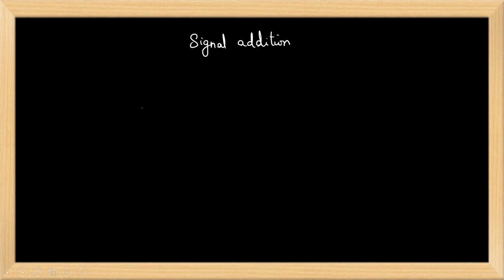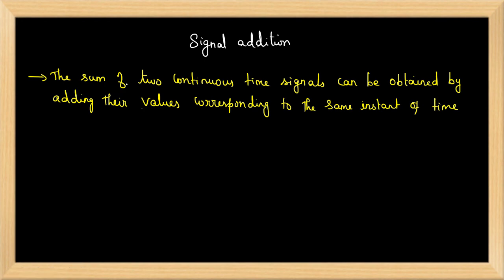And the next one is the signal addition. The sum of two continuous time signals can be obtained by adding their values corresponding to the same instant of time. So our new signal y of t will be equal to x1 of t plus x2 of t. Okay, so for the new signal, we have to add the original signals at every instant of time values.